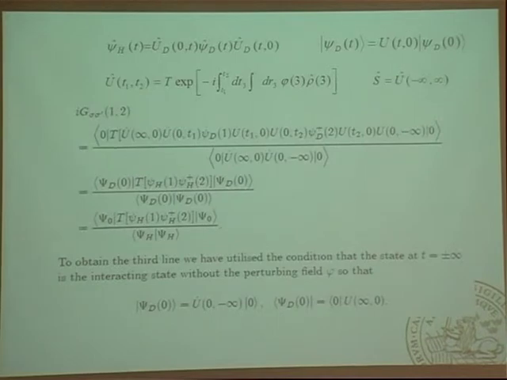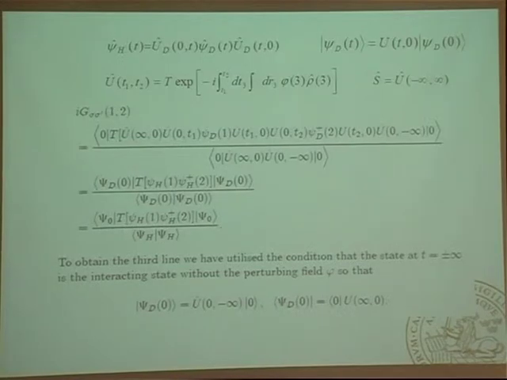So I have some notes here. I will have this lecture, these slides on the web, so I probably do not need to go through this. I just want to show that this definition of the Green's function in the interaction representation here is equivalent to the usual definition of the Green's functions using the Heisenberg operator.